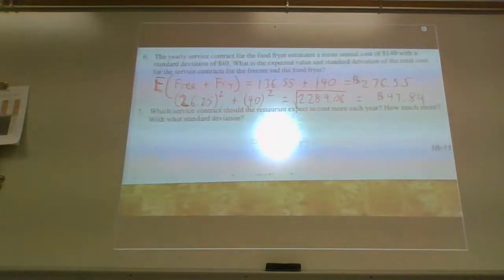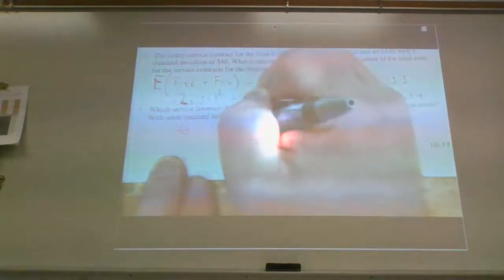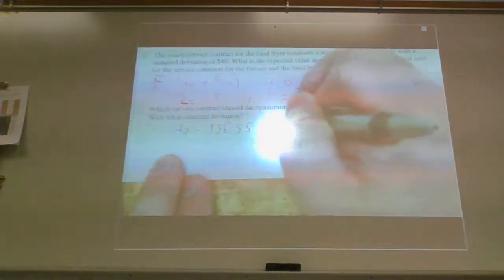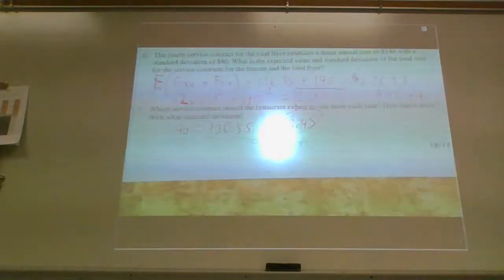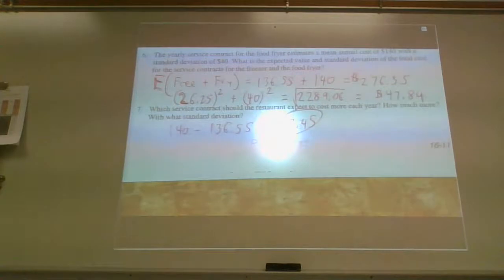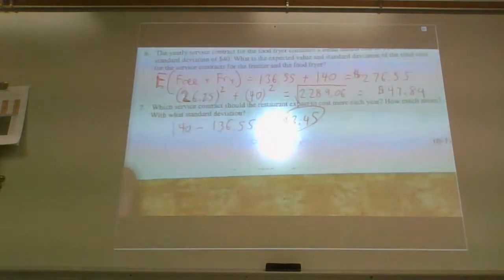Well, that's a problem where I would have to subtract the two of them. 140 minus 136.55 gives me $3.45. On average, it would cost about $3.45 more on the service contract for the fryer.